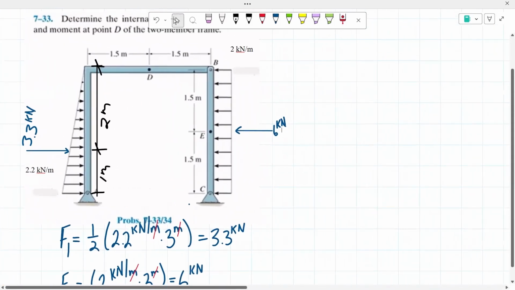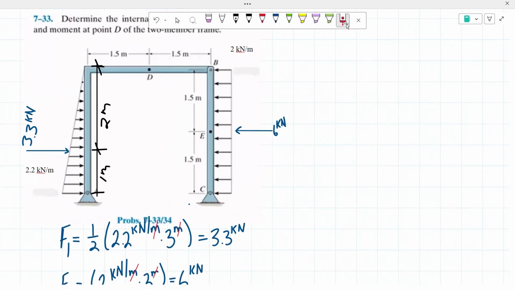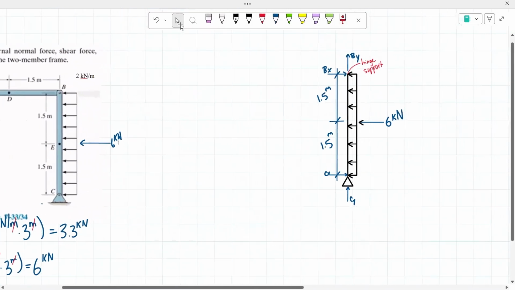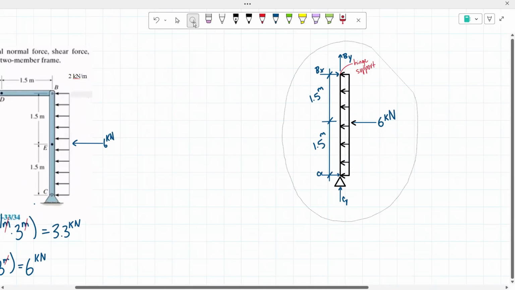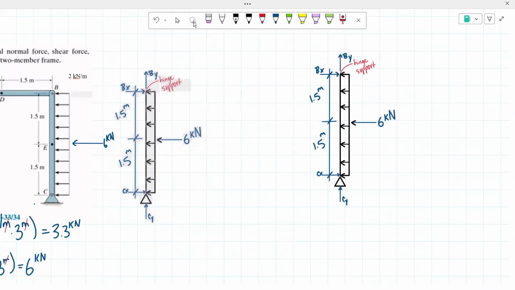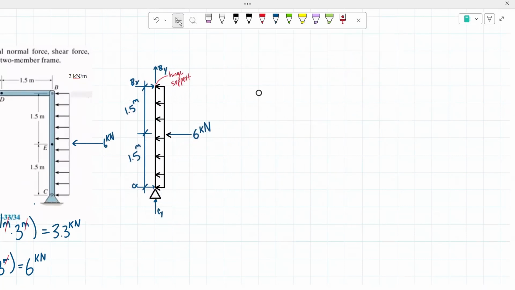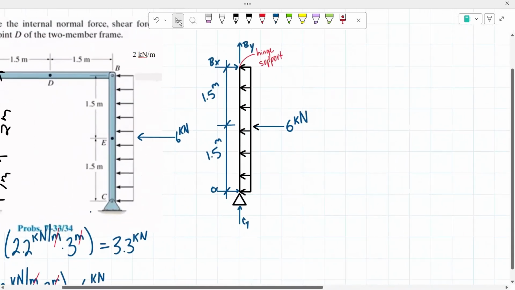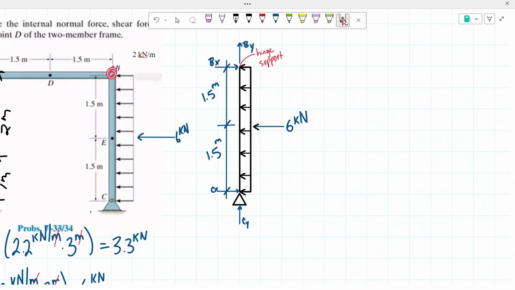So now that we have that, I'm going to proceed to working with this side of the two-member frame to determine one of my reactions. You would want to draw it out. I already drew it beforehand. So this is my drawing of this part of the two-member frame. Point B is a hinge support, which is why we have our two unknown reactions.